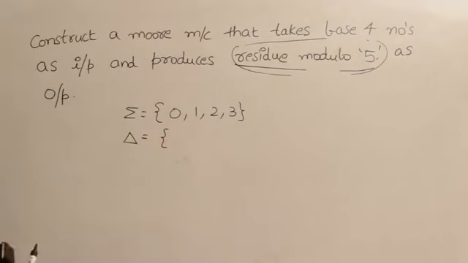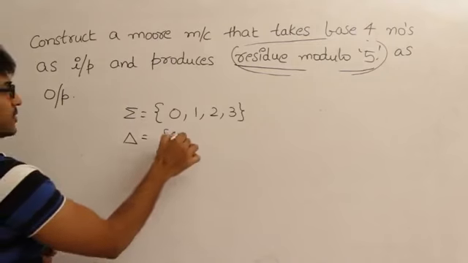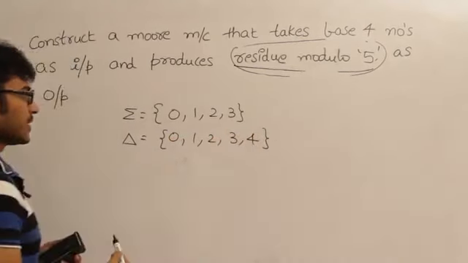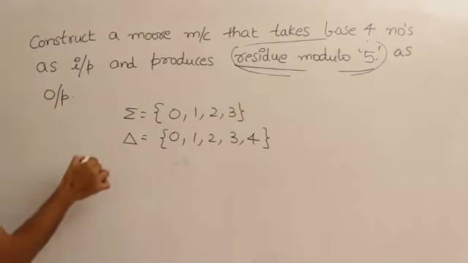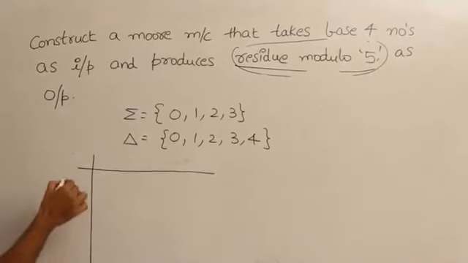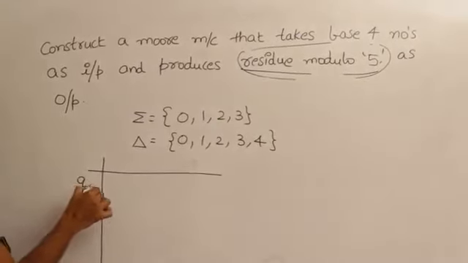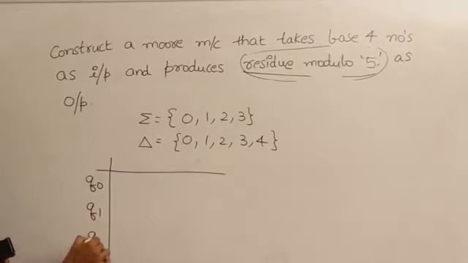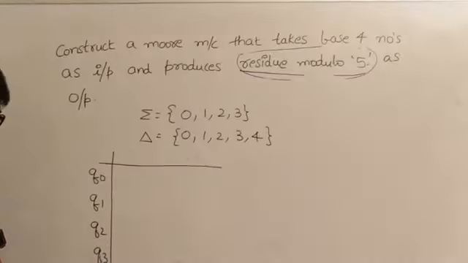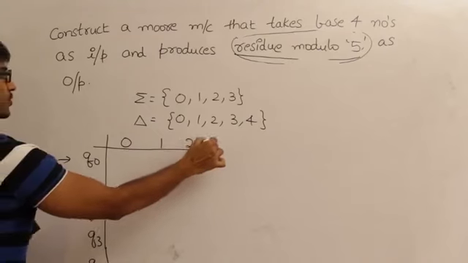So what are the remainders when I divide any number by 5? 0, 1, 2, 3, 4. You can follow the ordinary method. Let us say Q0 is the initial state, and the inputs are 0, 1, 2, 3.